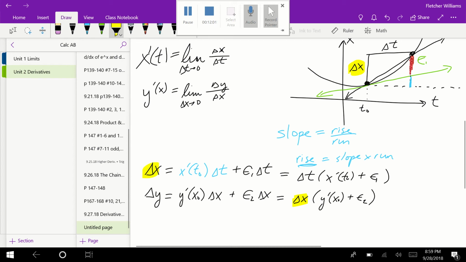So that means I can take my delta y equation and say that delta y just equals all of the delta x stuff, which is delta t times x prime of t naught plus epsilon 1 times y prime of x naught plus epsilon 2.